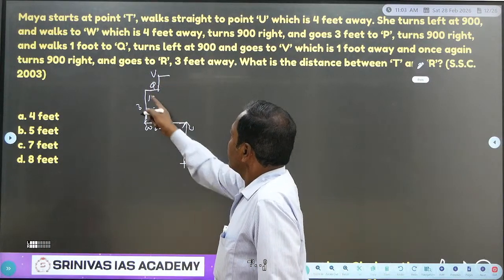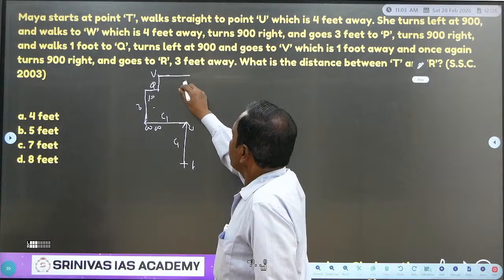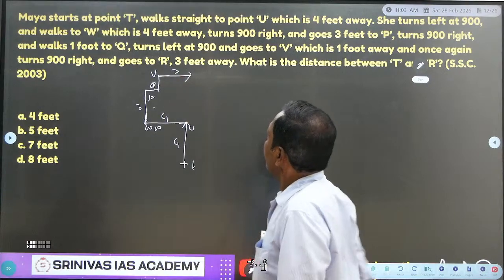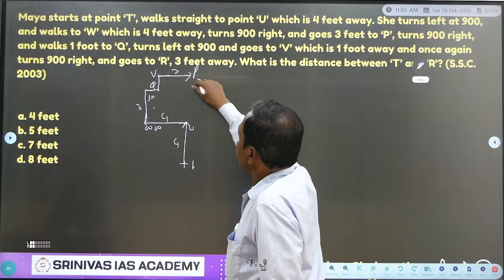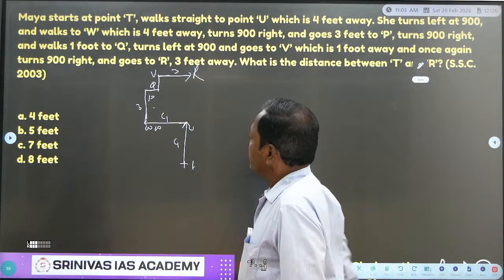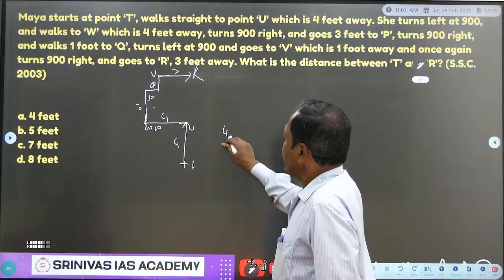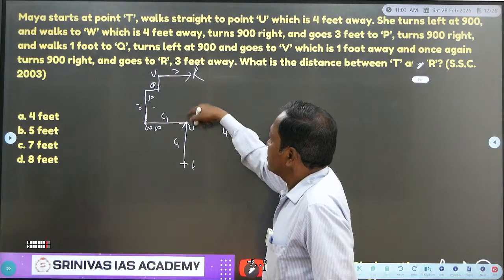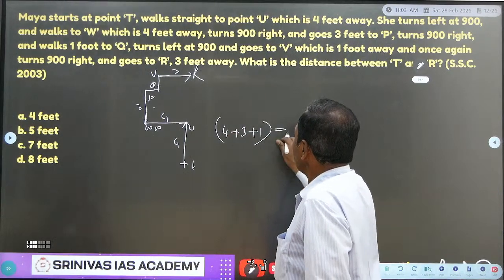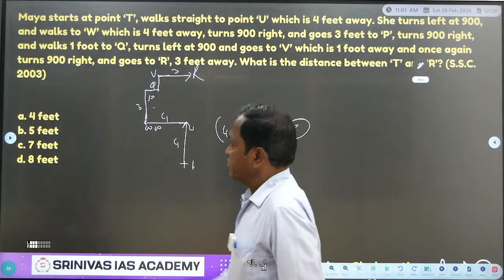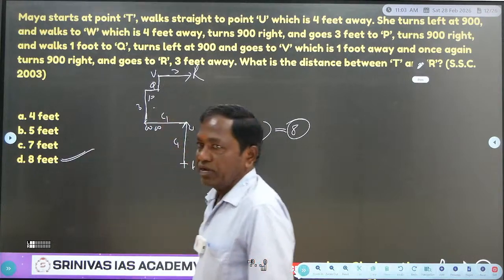This is 4, this is 1, exactly comes here, this is 3. What is the distance between T and R? 4 plus 4 plus 3 plus 1. It means 8 feet.